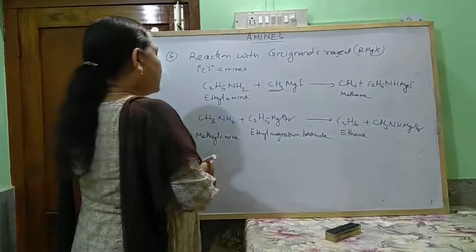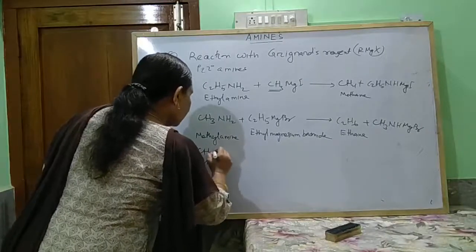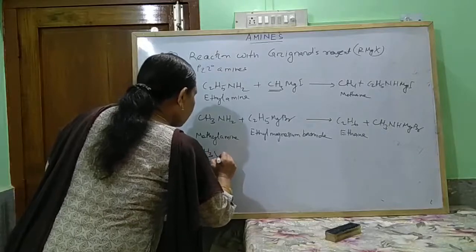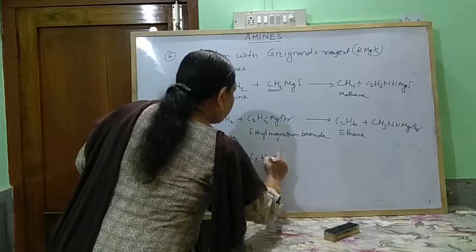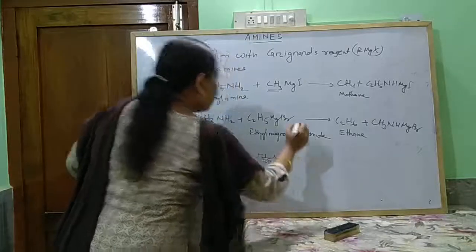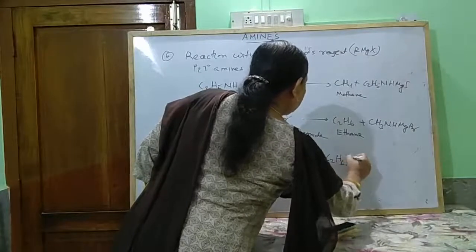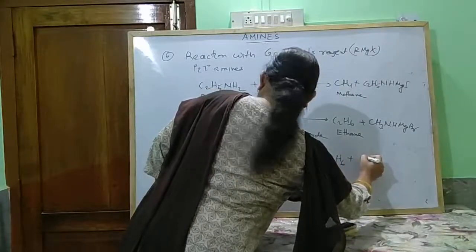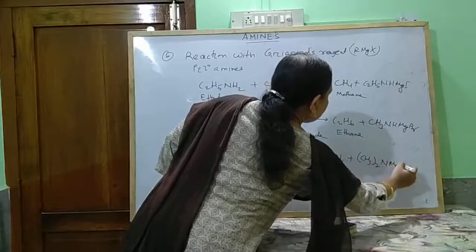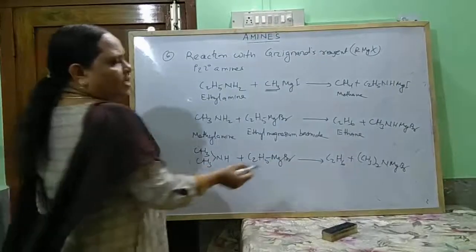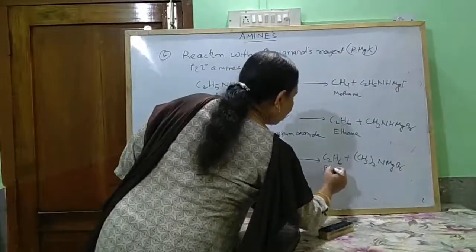Okay. Similarly, secondary amine (CH3)2NH plus C2H5MgBr. It also gives C2H6 plus (CH3)2NMgBr, dimethylamine magnesium bromide, and ethane.